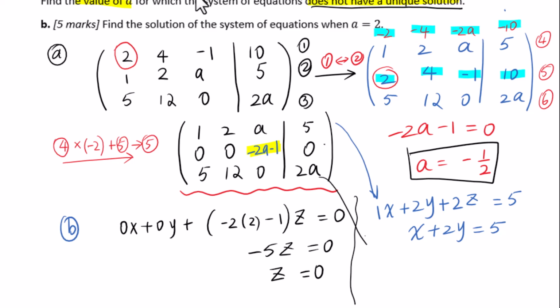From the third row of this matrix, 5x plus 12y plus 0z equals 2 times 2, which is 4. We get 5x plus 12y equals 4.